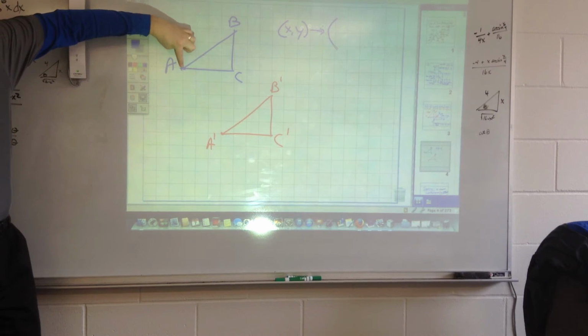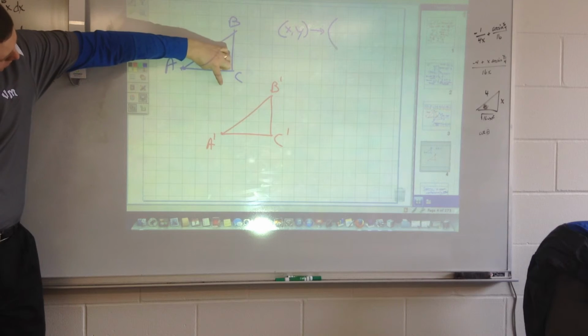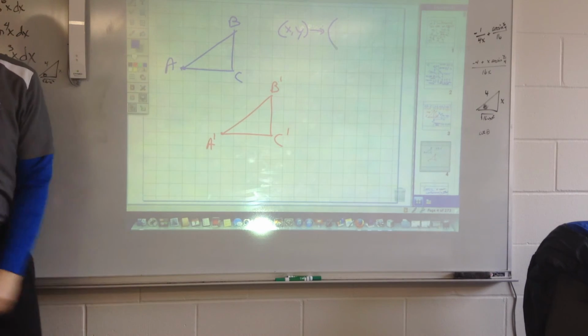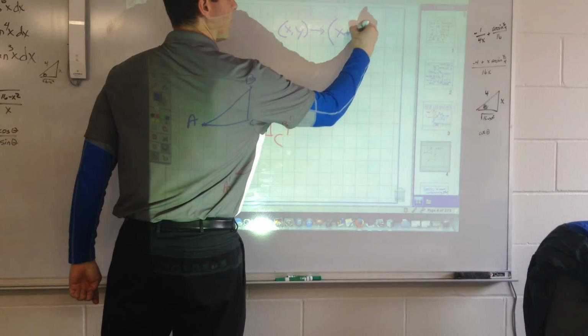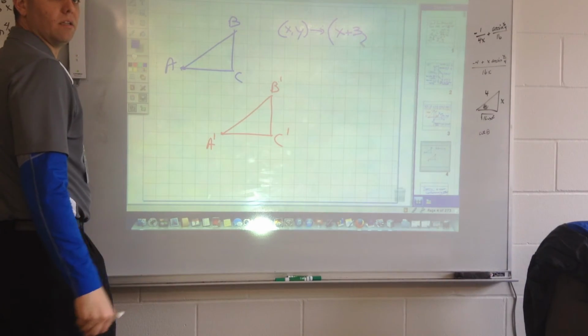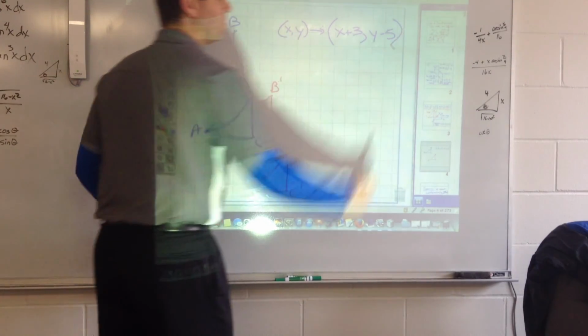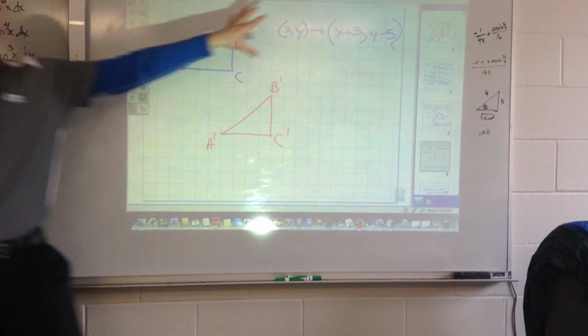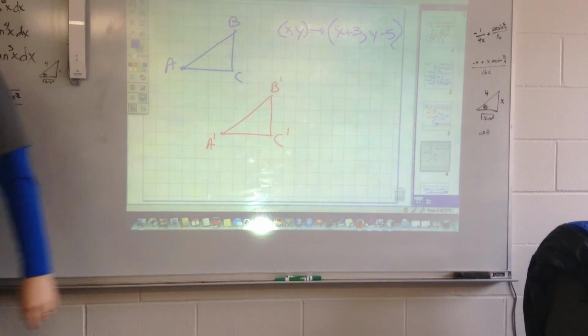Let's take A. It got moved 1, 2, 3 to the right, and 1, 2, 3, 4, 5 down. So x plus 3 because it got moved 3 to the right, y minus 5 going down because it got moved 5 down. That would be the translation vector to represent that translation.